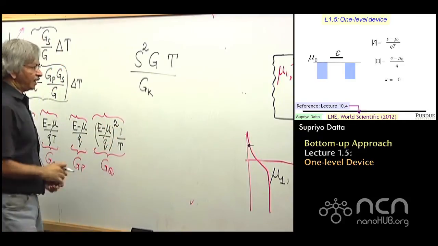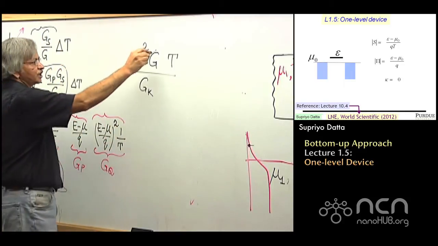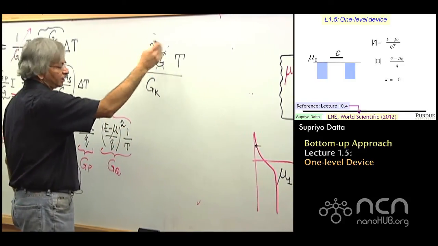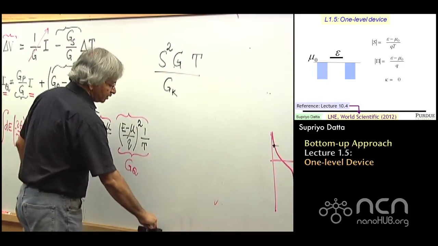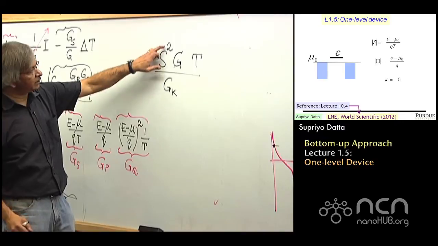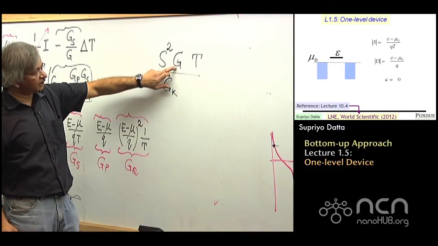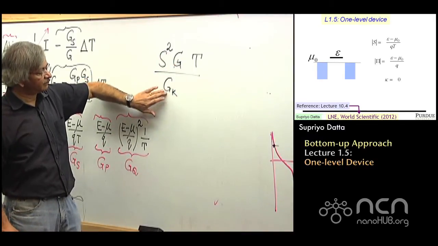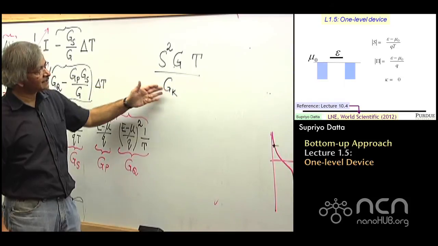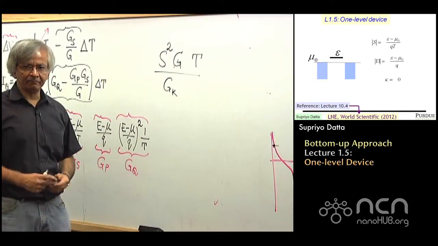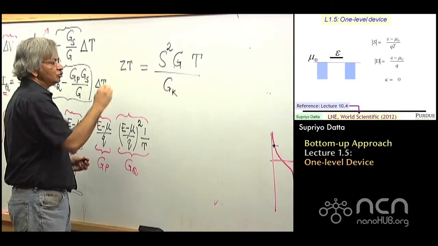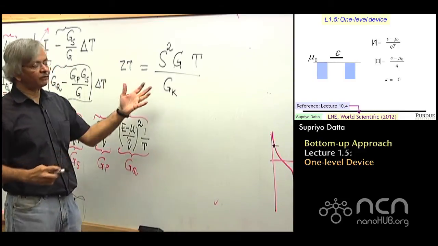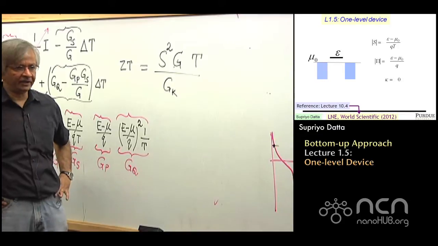I'll write it as GK. Or instead of using G's, you could use conductivities rather than conductances. It's the Seebeck coefficient squared times the normal conductance times temperature, divided by the heat conductance. This is a dimensionless number, called the ZT product. It is widely used as a measure of how good a thermoelectric material is.